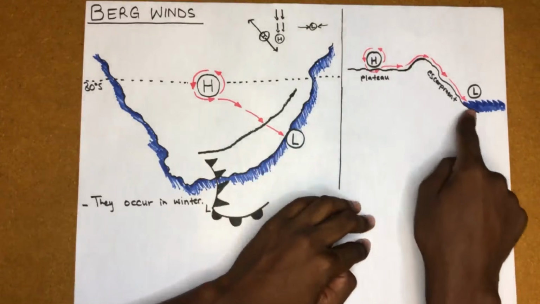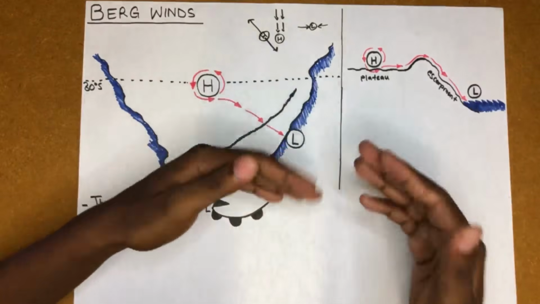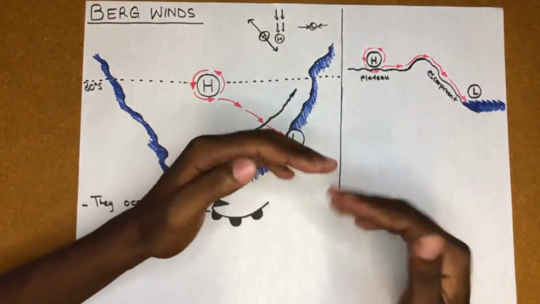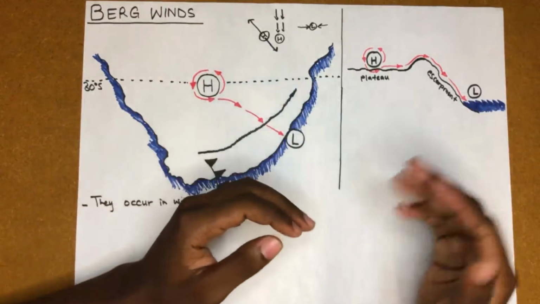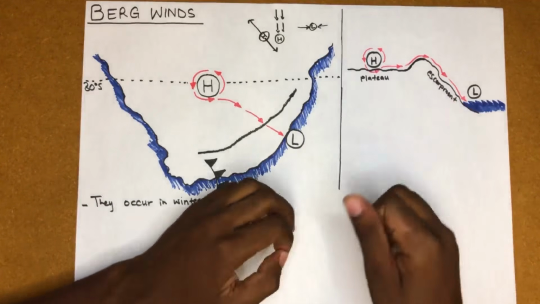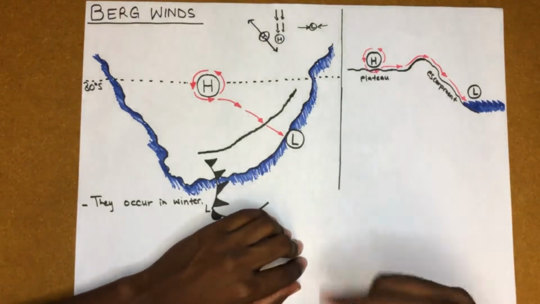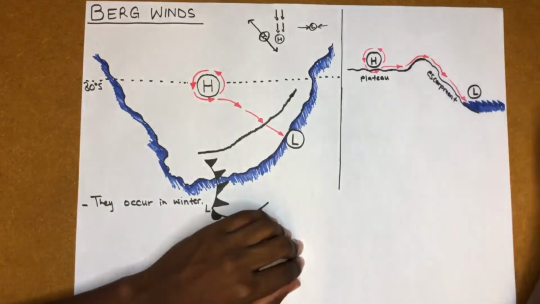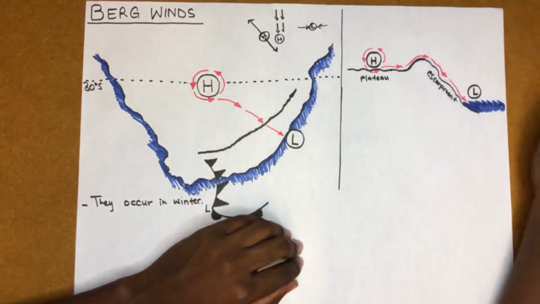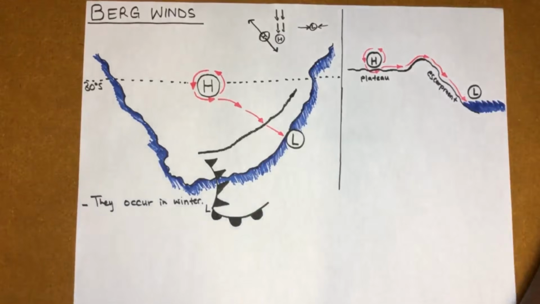As it decreases, these winds continue to heat up with the adiabatic lapse rate, meaning that they are going to become very, very hot and drier. That's how it goes until they reach the coastal low, causing very uncomfortable conditions.